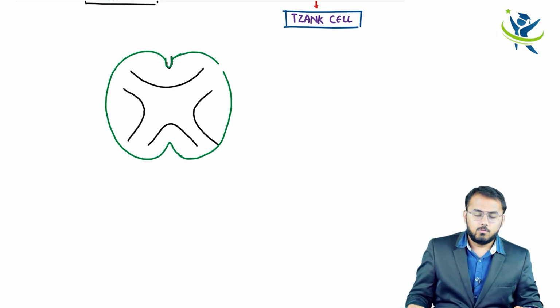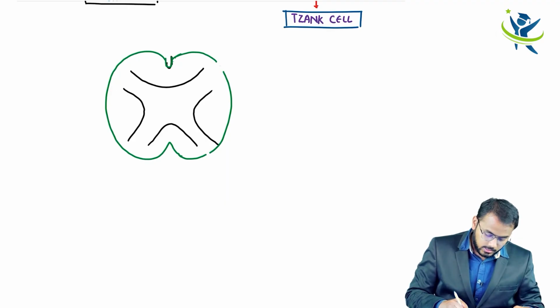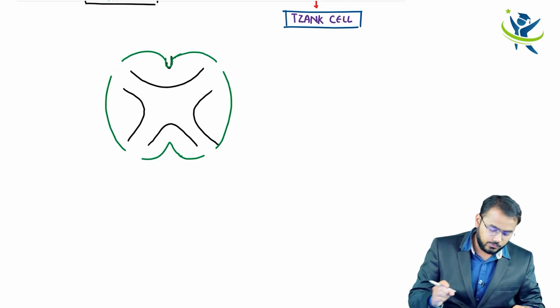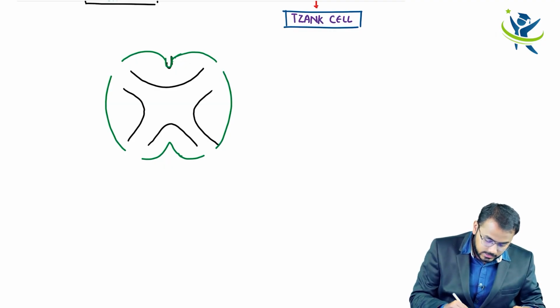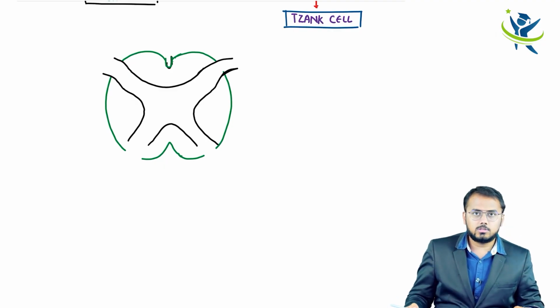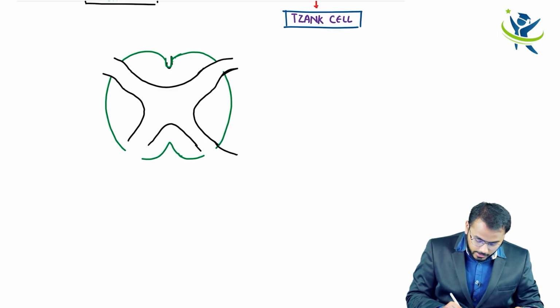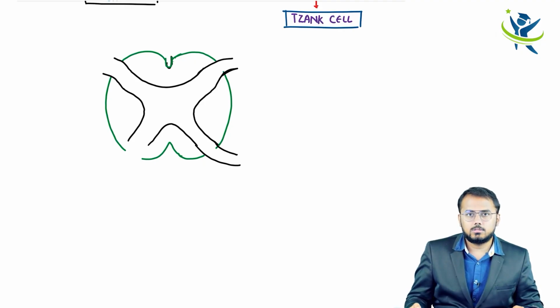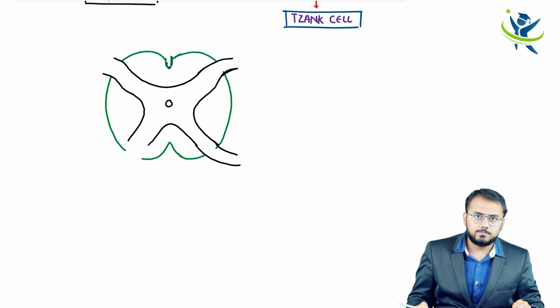You have two different types of horns here. These are your dorsal horns on both sides, and down below, these are your ventral horns.